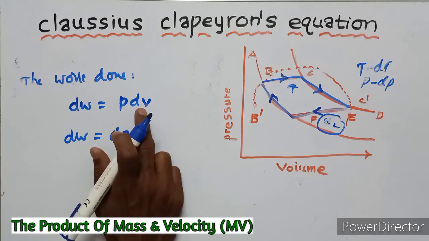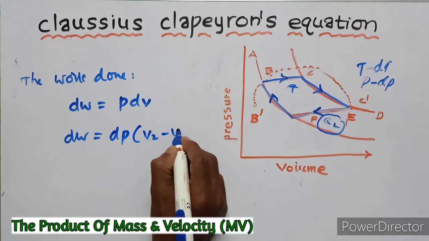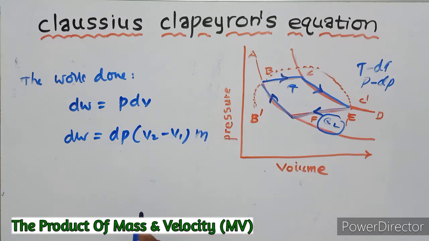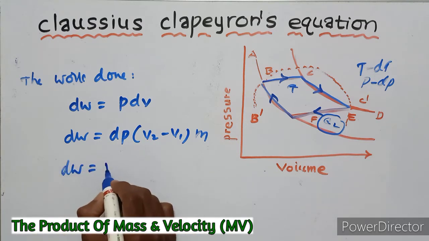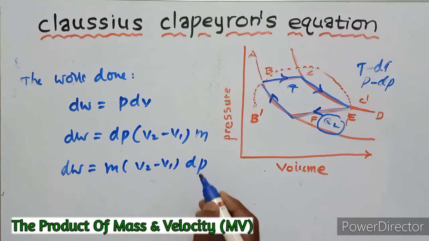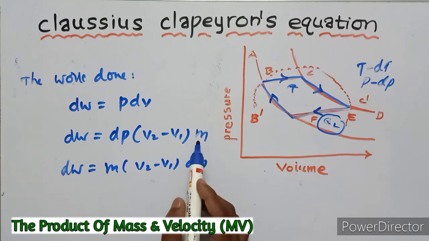Here dV is the difference of volume, that is V2 minus V1, for total mass m. So dW equals m into V2 minus V1 into dP, where m is the mass of the substance.